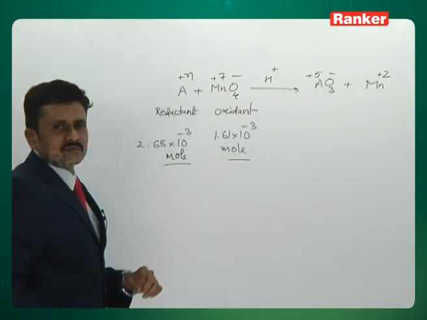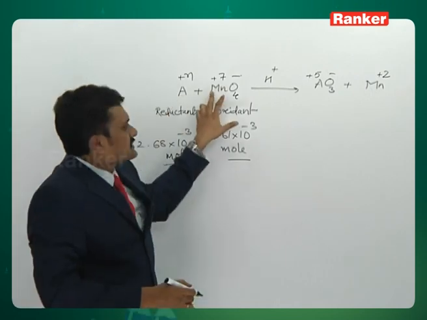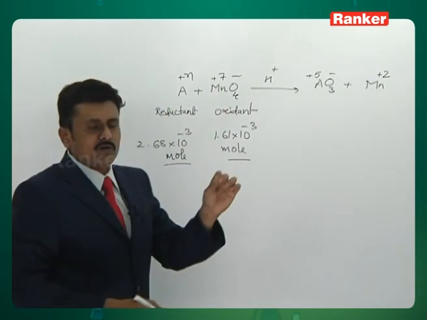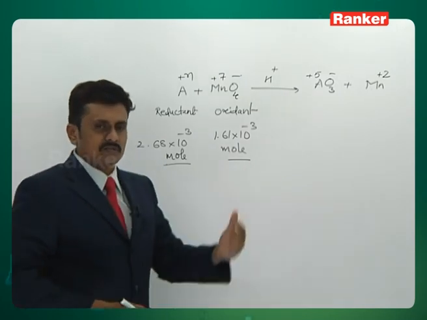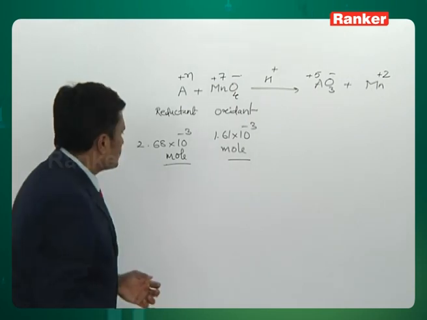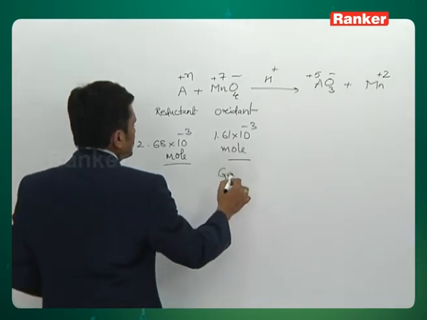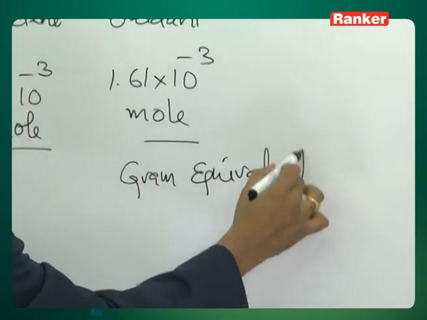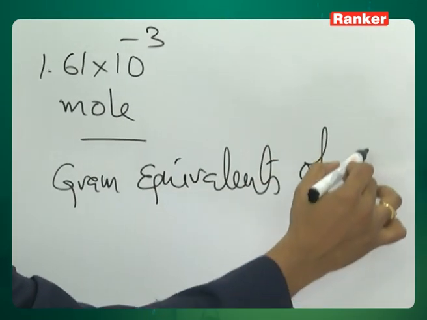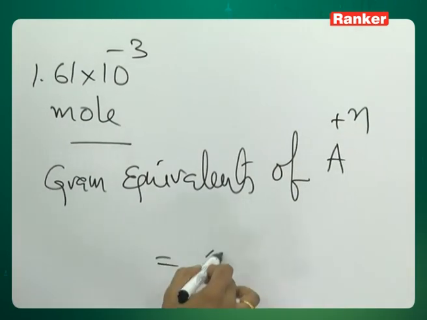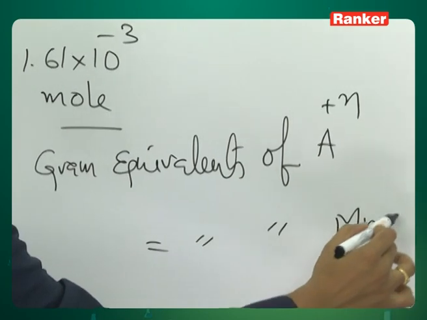In such problems, since there is a lot of complexity involved and we are not sure about the oxidation states or the element, it is always better to go for the equivalent concept. As per the law of chemical equivalence, the gram equivalence of the oxidizing agent is equal to the gram equivalence of the reducing agent.